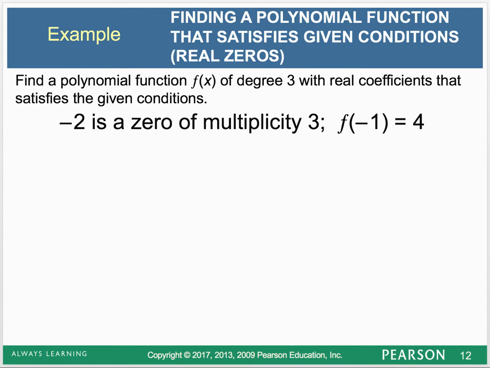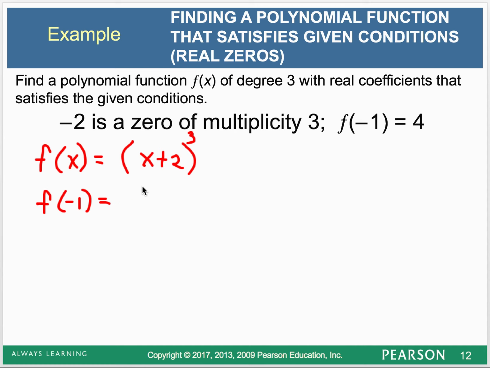So if I'm trying to find that function again, I know that it looks like this. If negative 2 is a 0, x plus 2 is a factor. And if there's 3 of them, I can write it like that, right? You can write x plus 2, x plus 2, x plus 2. You might have to do that when you're multiplying it out. But again, I need the function where if I plug in a negative 1, it equals 4.